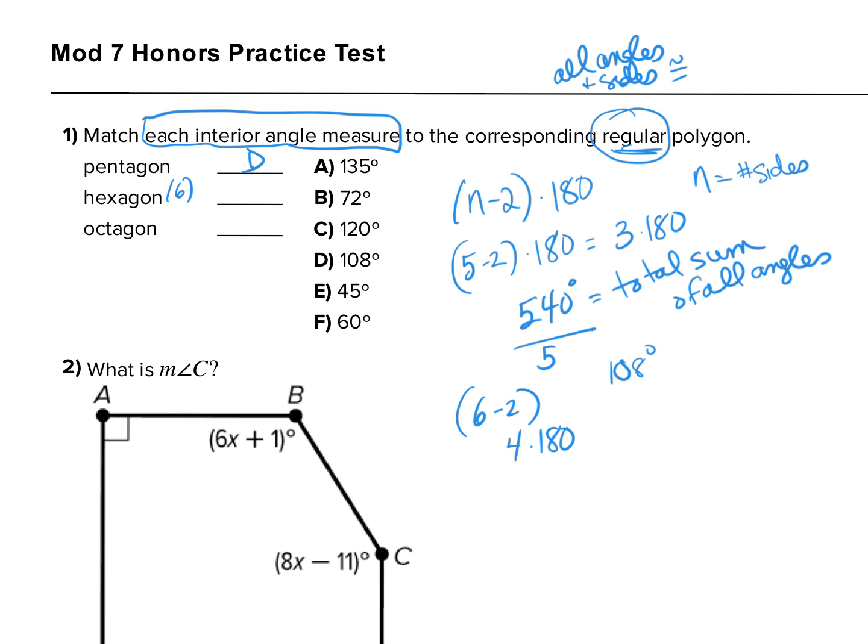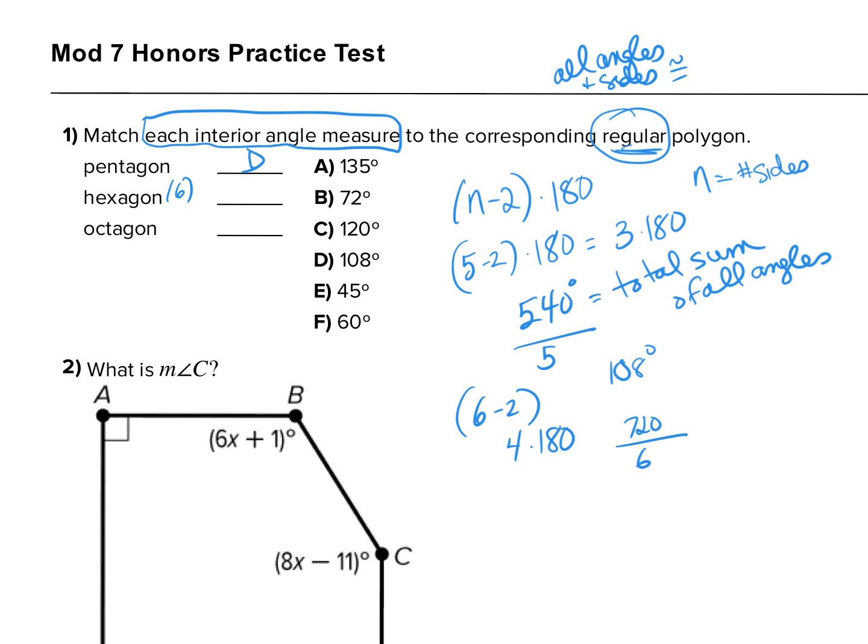So 4 times 180, or we already know that the pentagon is 540, so you just have to add an additional 180 degrees because it's one additional triangle, bringing our total to 720.